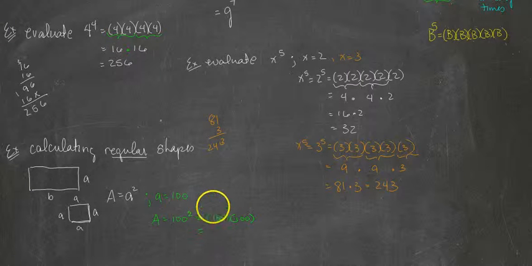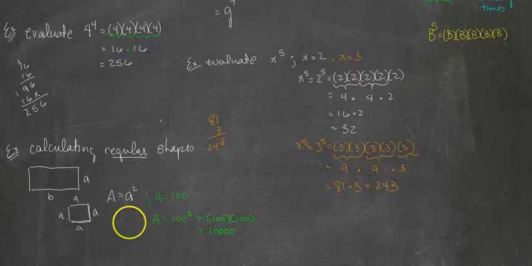And remember the trick to multiplying hundreds together is 1 times 1 is 1, and then put all the zeros that you have in the final answer. So 1, 2, 3, 4, 100 times 100 is 10,000.